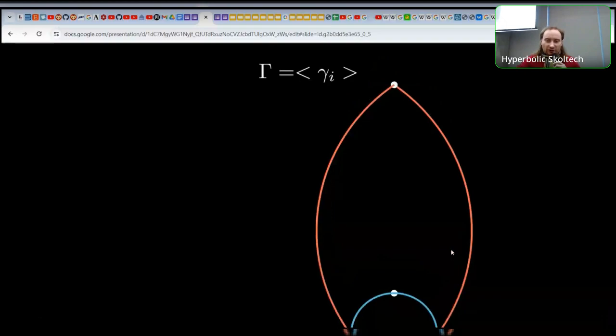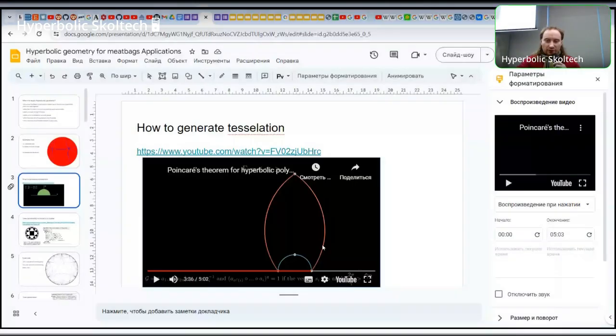Okay, this is just some proof. So he is just using some generators of our discrete subgroup, and he is just forming some sides of this polygon with these generators and relations between these generators.